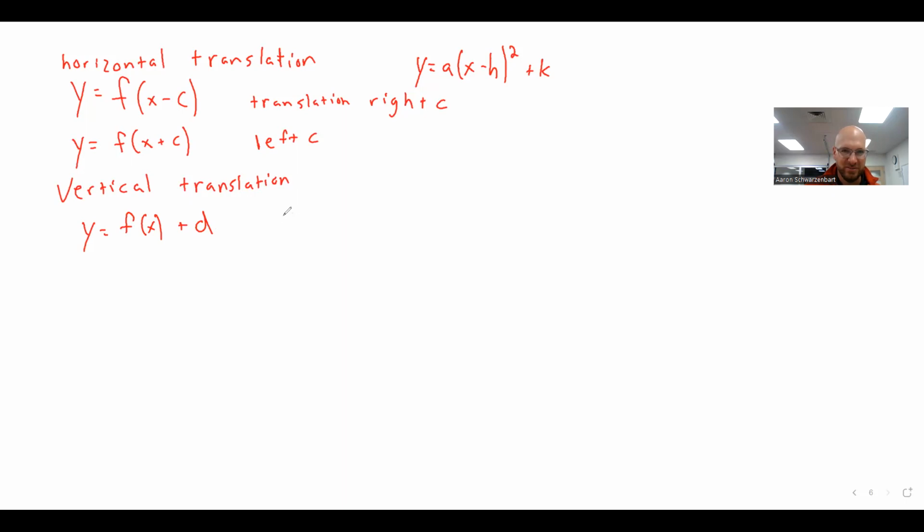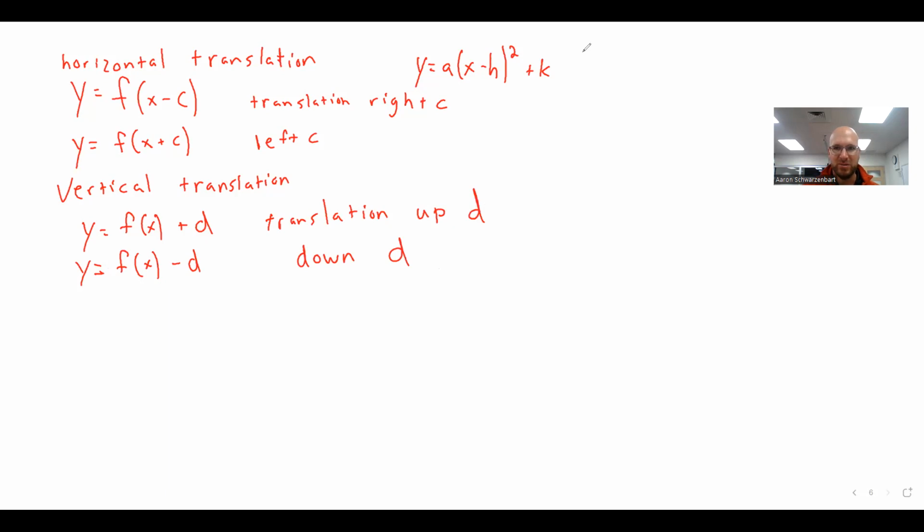I don't want to use C. I want to use D. I would prefer to use a different letter, so I'm going to use D, even though the book uses C. This is down D. I'll make that D a little further away, make it a little clearer.